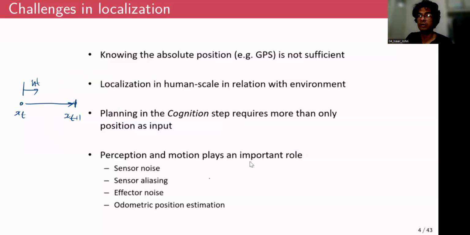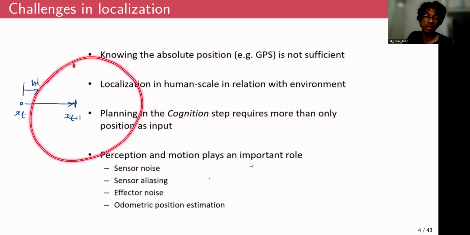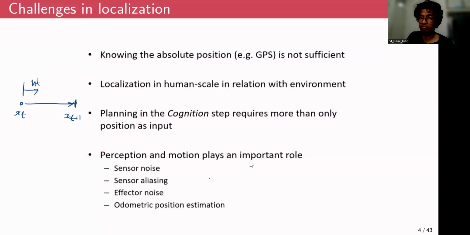So if the encoders predict that the robot has moved 5 meters, and due to the wheel slipping, it probably might not even have moved, right? So that is the reason why we have an uncertainty. Just the position as an input is not really sufficient. We should also give out an uncertainty measure associated with that position.